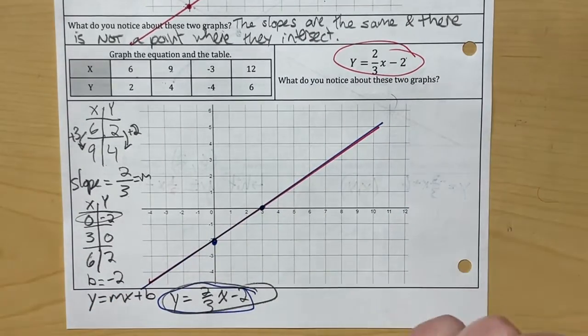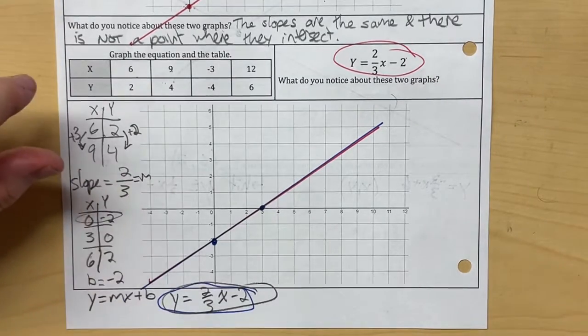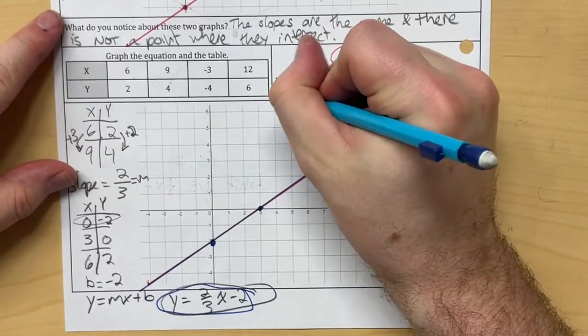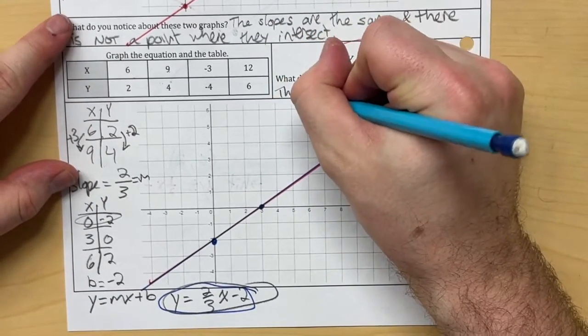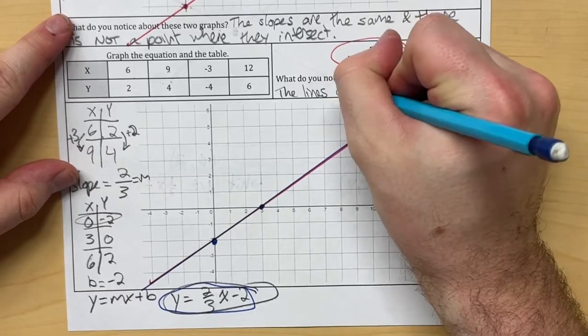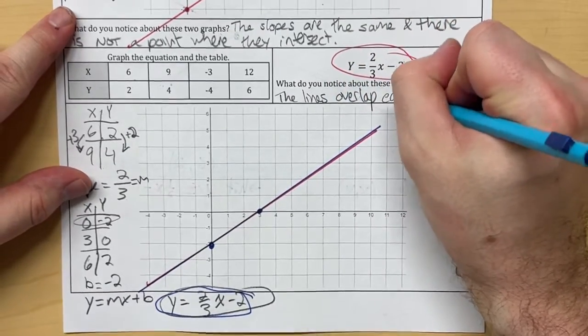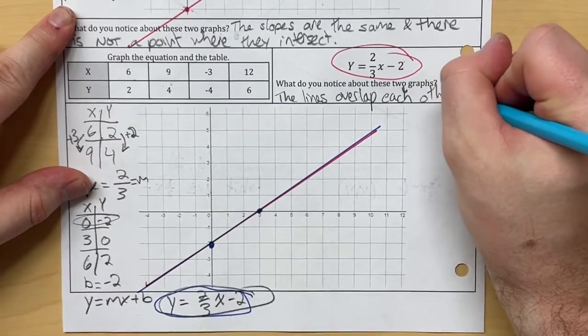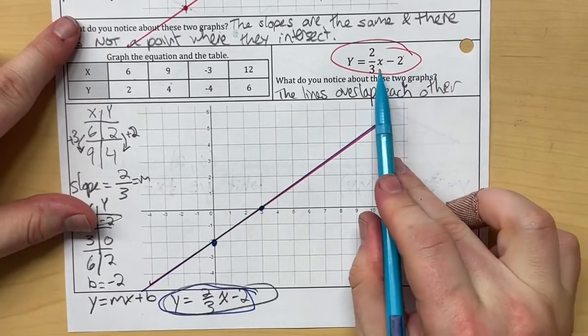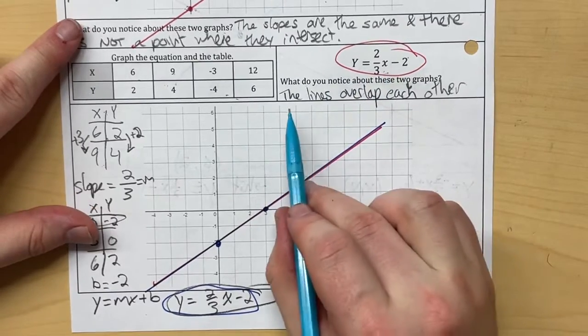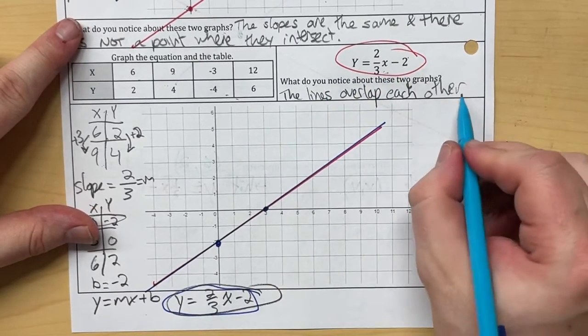That means it's the exact same set of points. So what would we notice? I would say the lines overlap each other. And that means, again, the same exact functions. That means that the lines overlap each other.